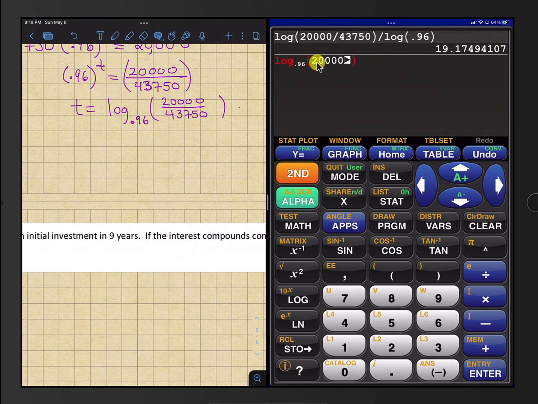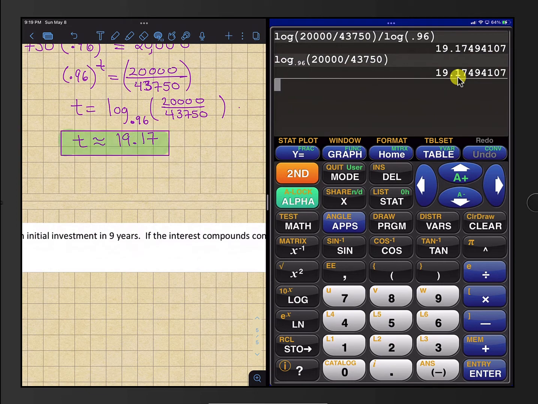So 20,000 divided by 43,750, and press enter, and you get the exact same answer. So our answer is 19.17. That is the number of years that it would take to reach 20,000.